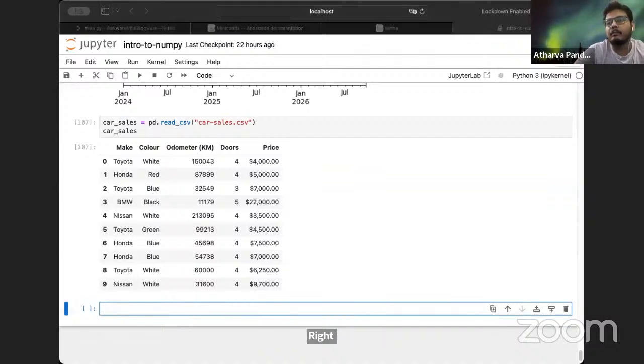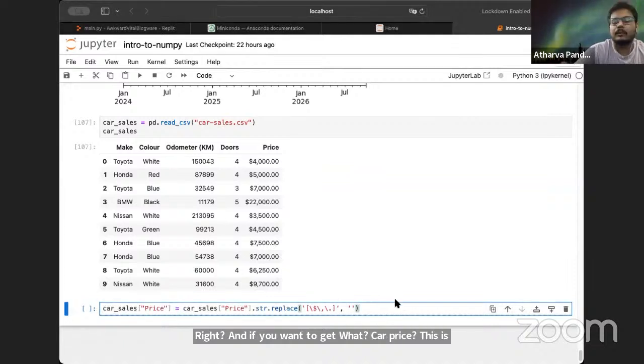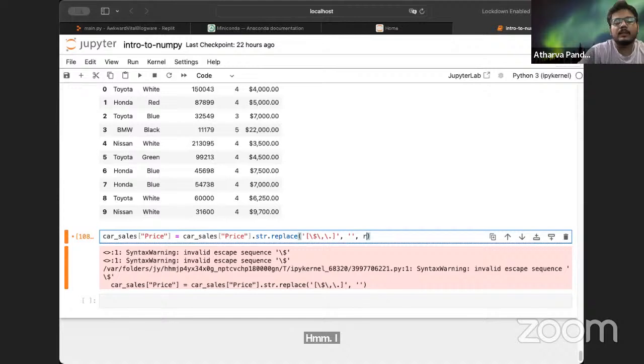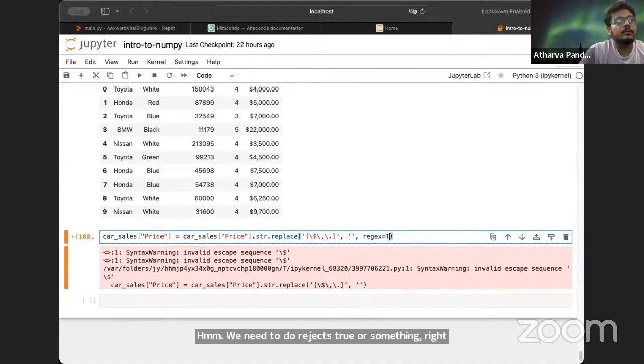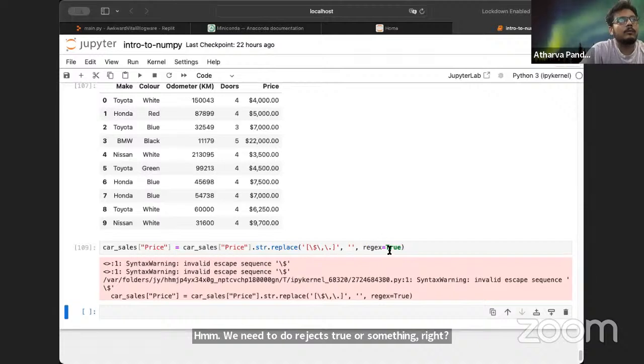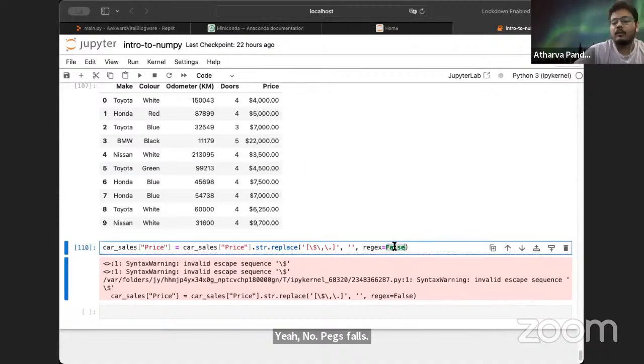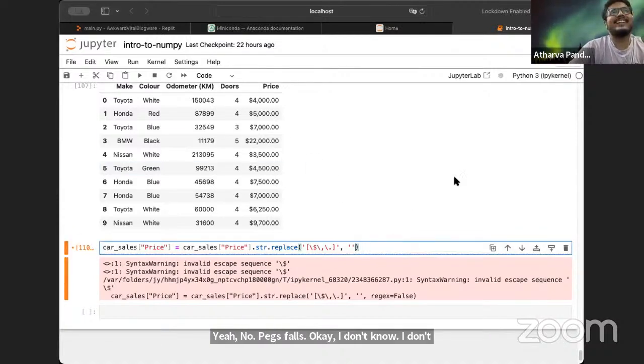And if we want to get car price, this is how I think we can get it. I completely forgot. We need to do regex true or something, right? No, regex false. I don't know. What was the syntax last time, guys?